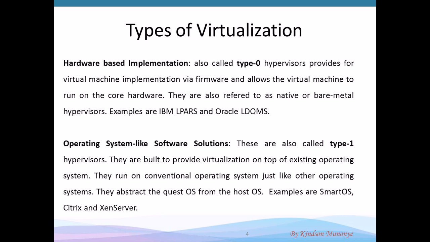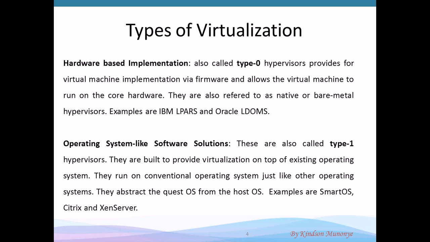So we have types of virtualization. We have type 0, the hardware-based virtualization. They are called hypervisors, type 0 hypervisors. They provide for virtual machine implementation via firmware and allow the virtual machines to run on the core hardware. They are also referred to as native or bare metal hypervisors. What are we talking about?